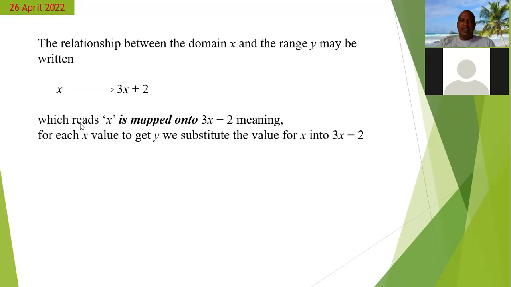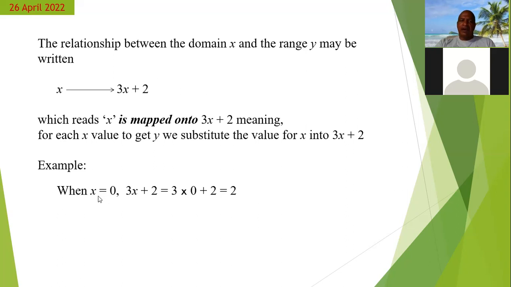So this is saying X is mapped onto 3X plus 2, meaning that for each X value, to get the Y value, we substitute the value for X into the equation, right? So in other words, you can construct your mapping diagram just by plugging in your X or your domain values. You calculate them one at a time in this equation.